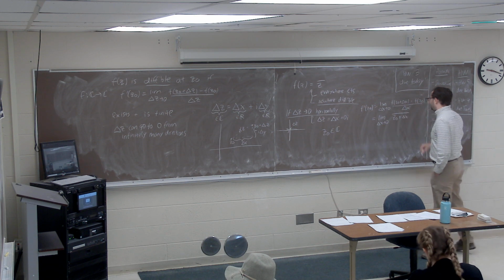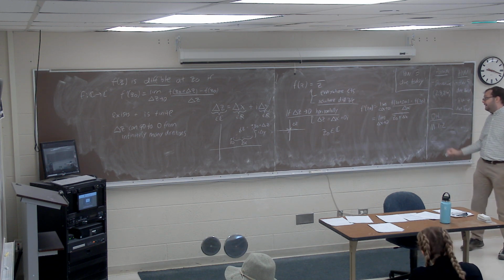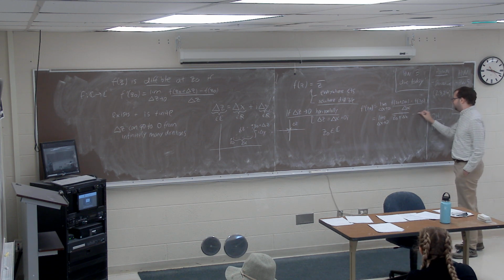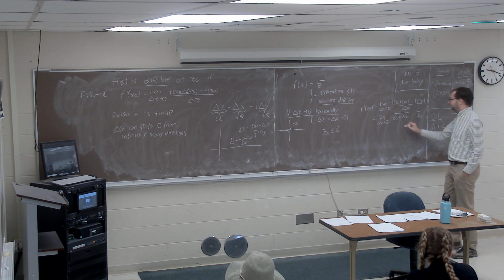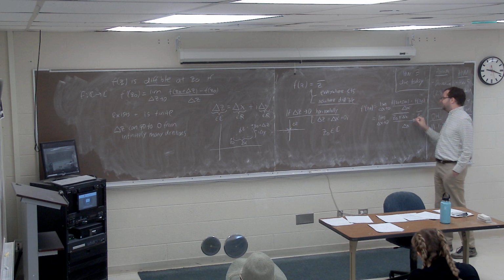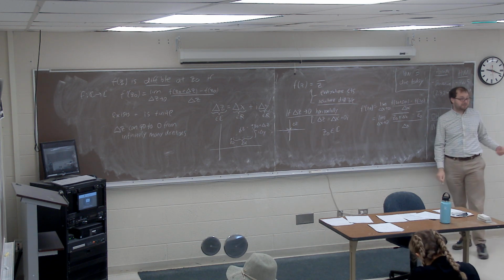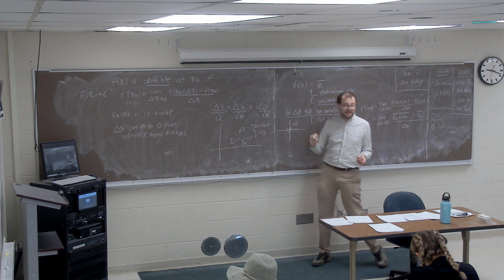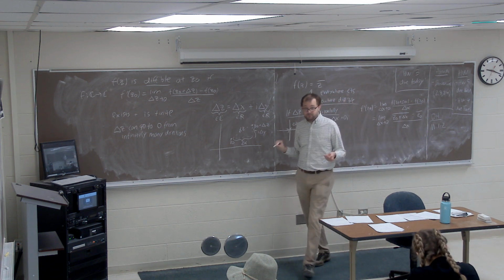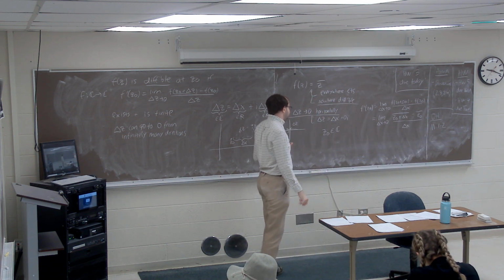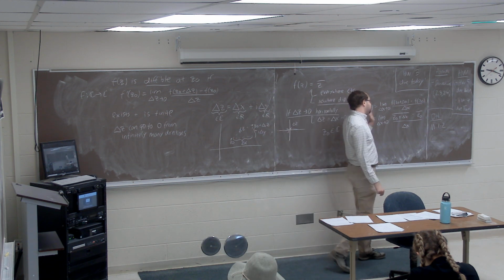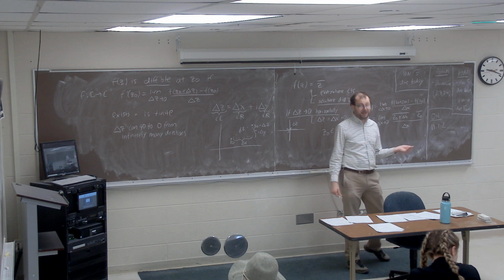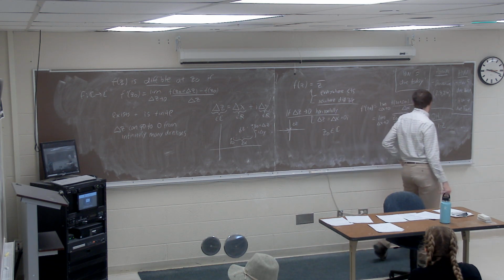Yeah, it's going to be z naught plus delta x bar, and f of z naught is z naught bar. So here, whatever you're plugging in for f just depends on what function you're looking at. In this case, the function f just takes the complex conjugate of whatever you put into it. So f of z naught plus delta x would just be the complex conjugate of z naught plus delta x, ditto with z naught.